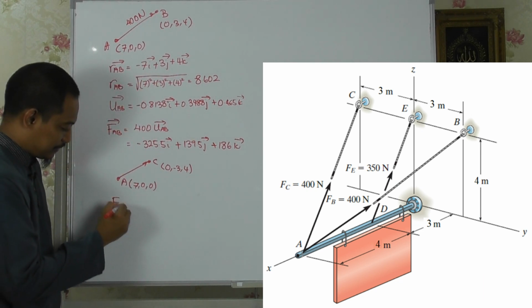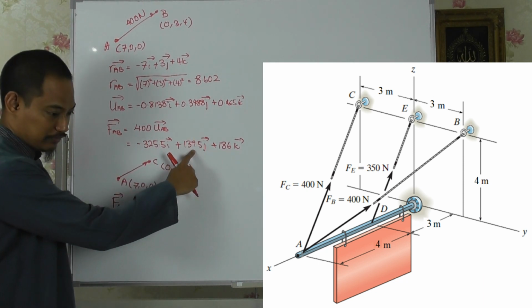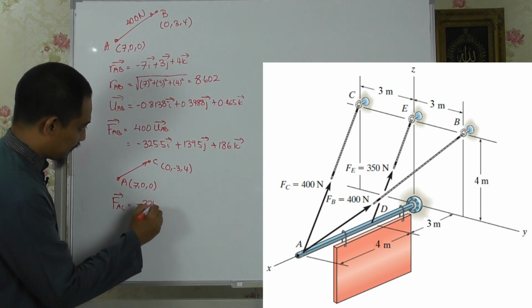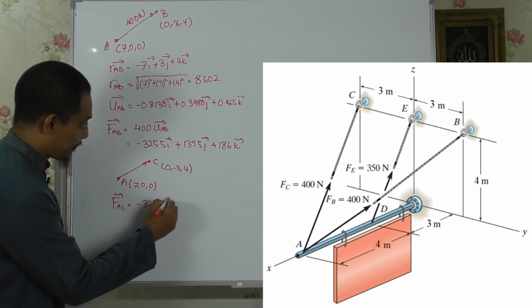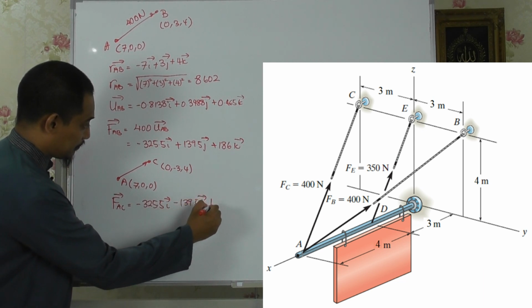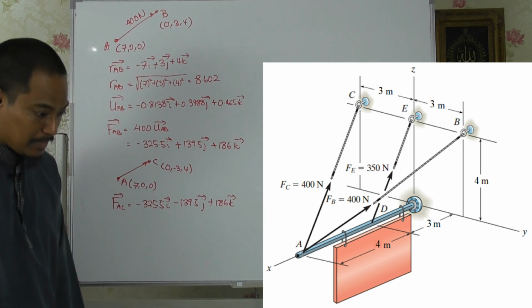You'll get FAC will be, because this will be the same, this will be the same, this will be different, right? So minus 325.5 I minus 139.5 J plus 186 K, right?